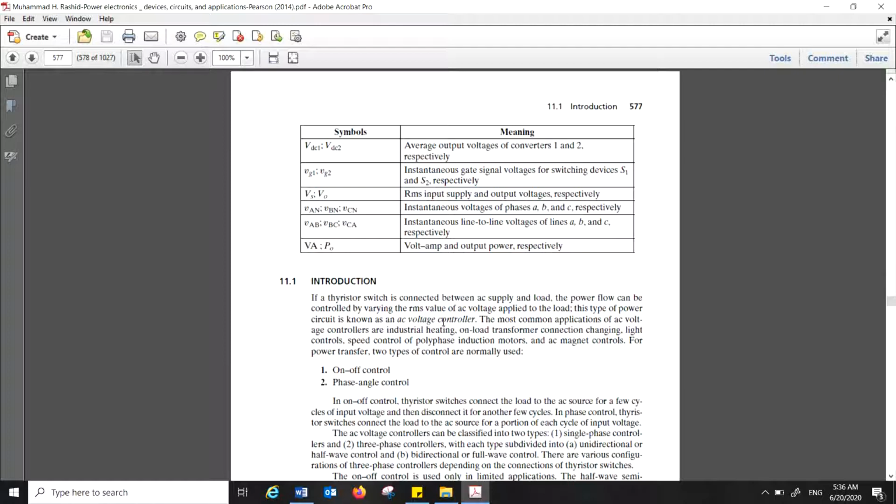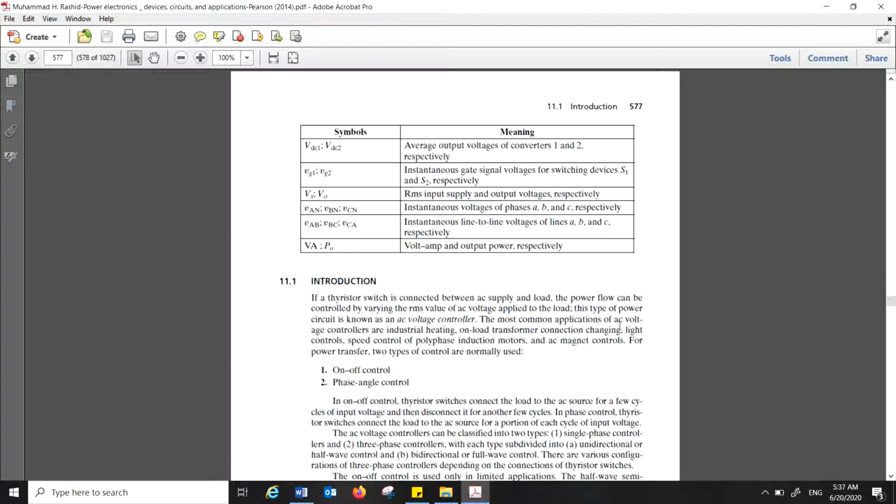The load is your fan, and you are just trimming the AC supply with the help of this voltage dimmer. That is the best example for the AC controller or AC to AC converter.